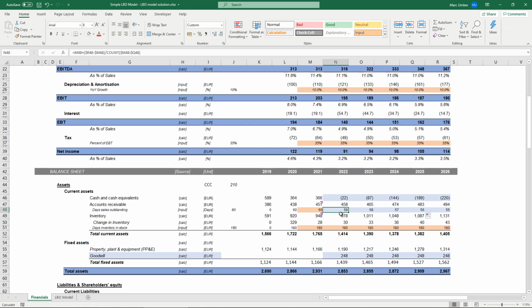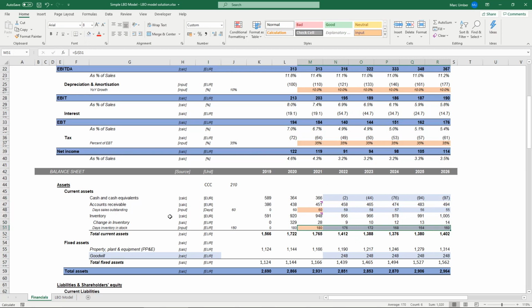Okay, days sales outstanding, a decrease down from 60 to 55 will not be enough. If we also can change the days of sales in inventory from 180 to 160 target, we can use the formula now, and we see how slowly but gradually our cash balance gets better and better.